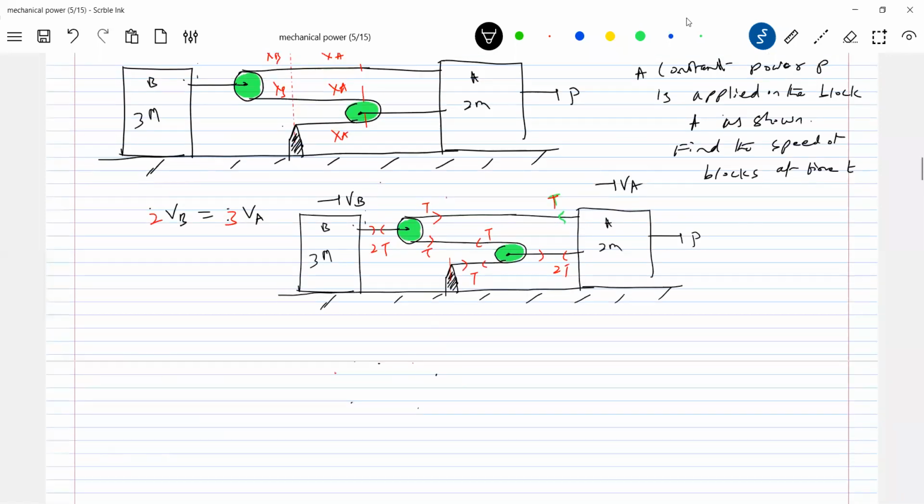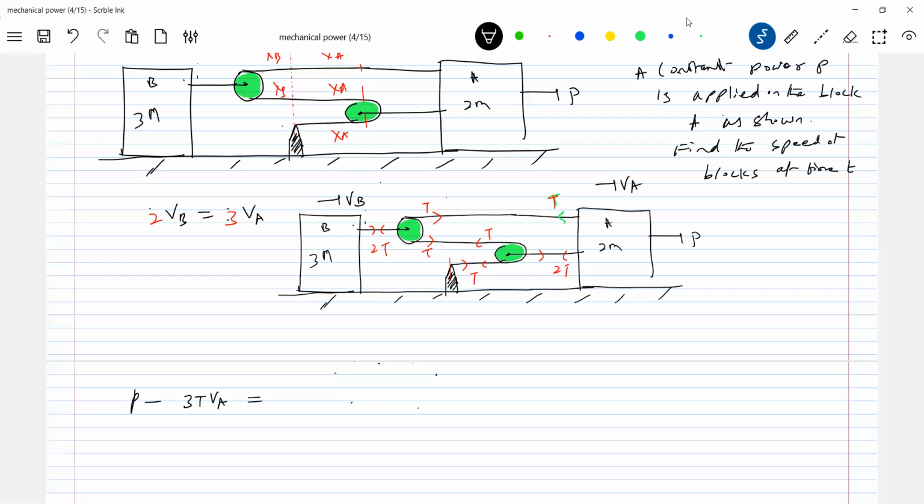Let the velocity of the block be this. So what is the power P minus 3T into speed of the block A? It should be equal to F into V, no? So how to write this equation?